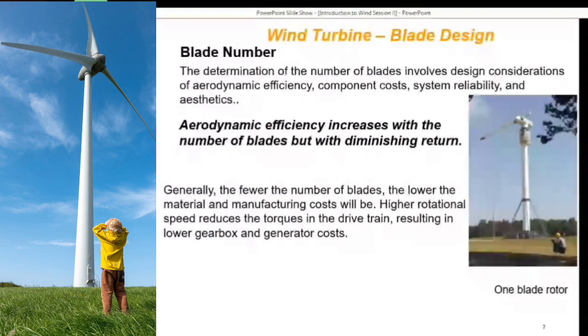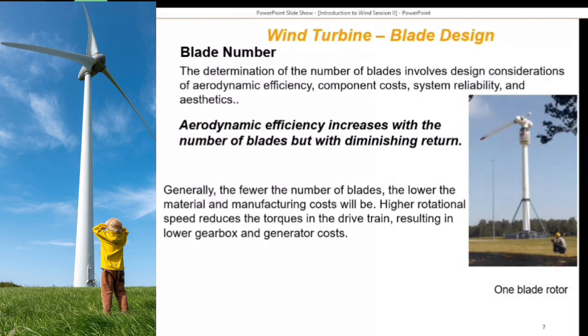But in this, of course, you should consider. And currently the main turbine systems used are the three-blade ones.